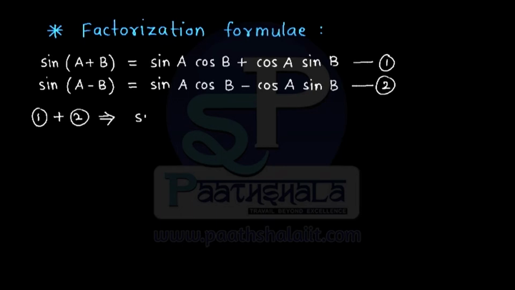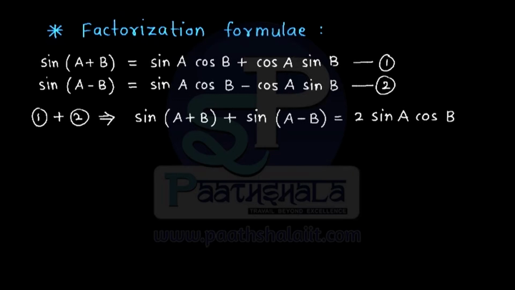On the left side we will get sine of a plus b plus sine of a minus b, equal to, on the right side, the two terms of cos a sine b get cancelled, and ultimately we are left with 2 times sine a cos b.